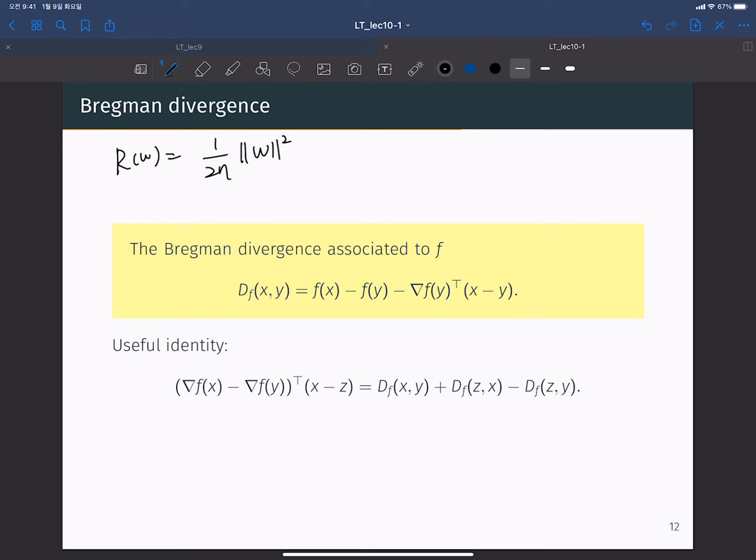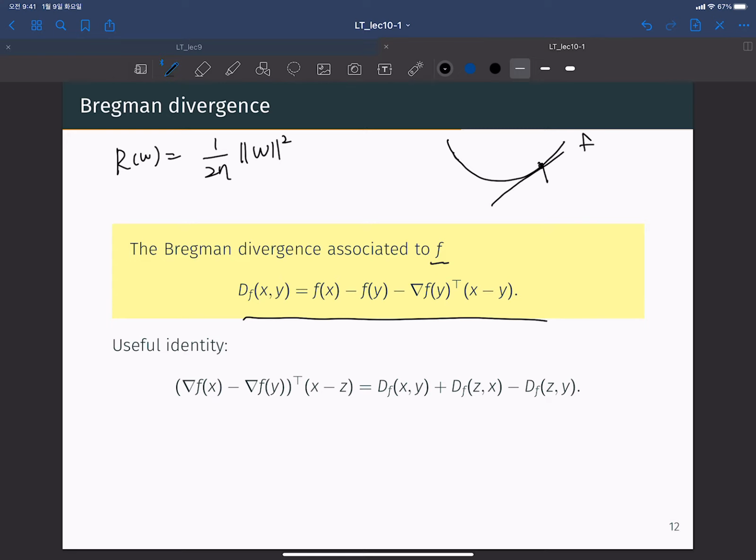Okay, so the Bregman divergence associated to function f is this. Especially when we use a convex function f, this Bregman divergence is the difference between this convex function f and the tangent approximation.